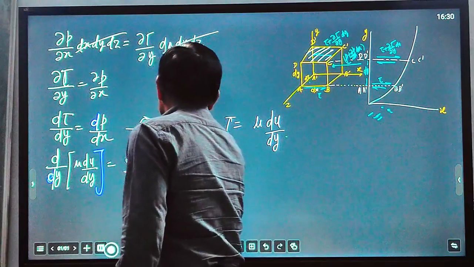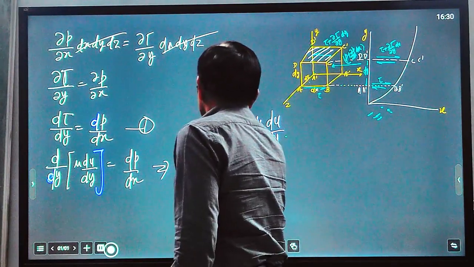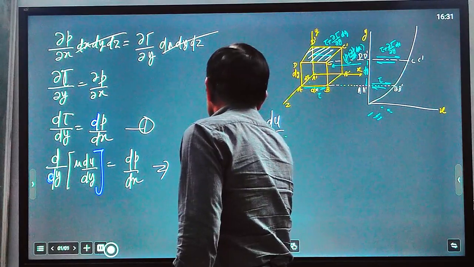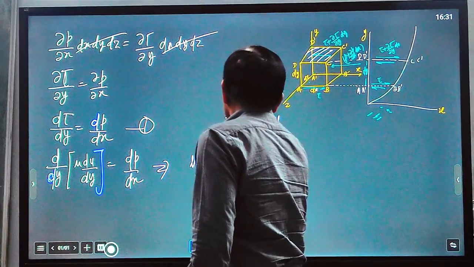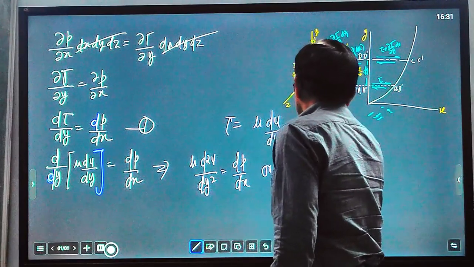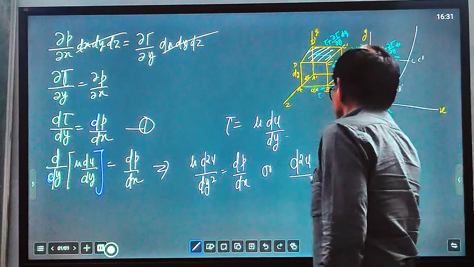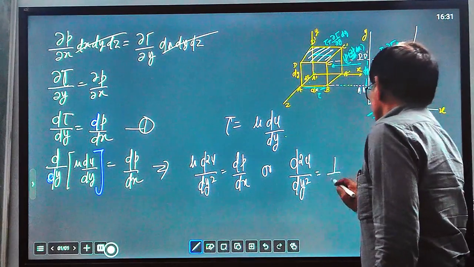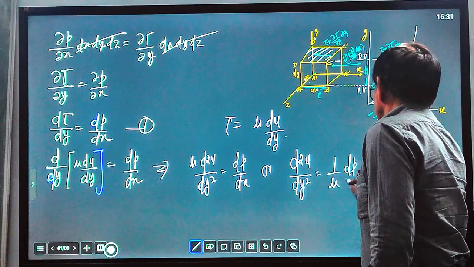So we get the relationship mu d square u over dy square equal to dp over dx, or you can write d square u over dy square equal to 1 upon mu dp over dx.